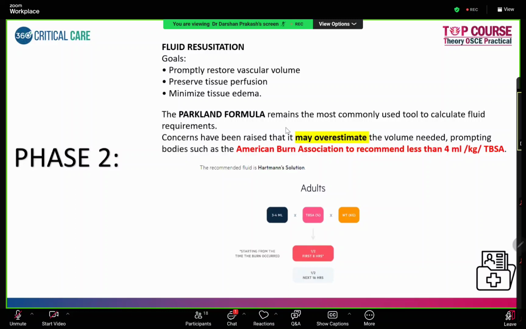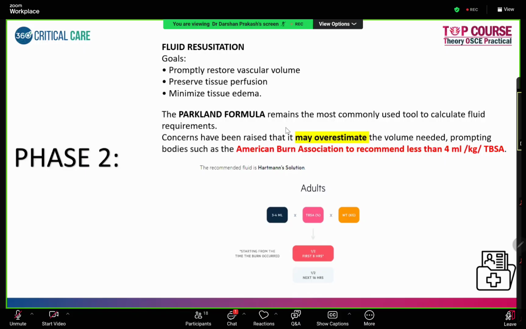So, what does the Parkland formula say? It says that the initial fluid resuscitation is 3 to 4 ml times the total body surface area percentage of burn times the weight of the patient in kilograms. You should give the first half in the first 8 hours and the next half in the next 16 hours. Okay, I will repeat it again.